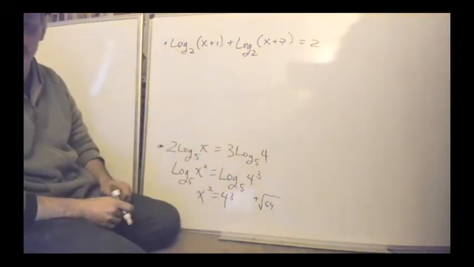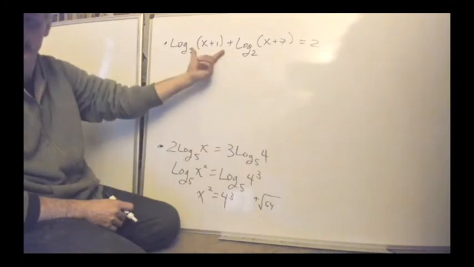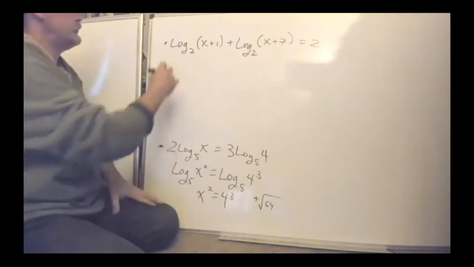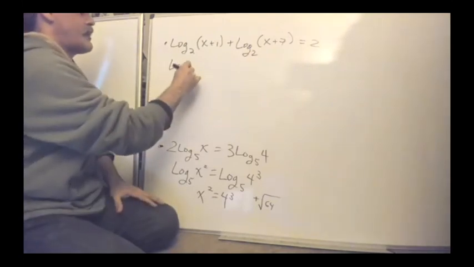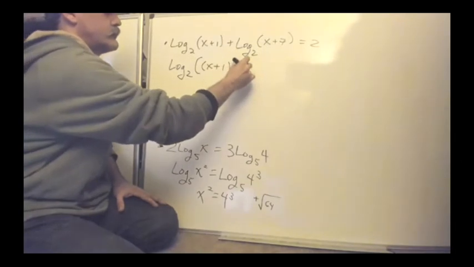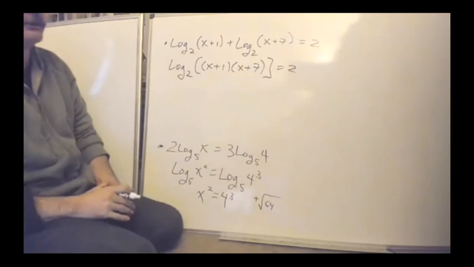Okay, so we're going to use the product property. And so the x plus 1 times the x plus 7. And now we can switch it to the exponential.